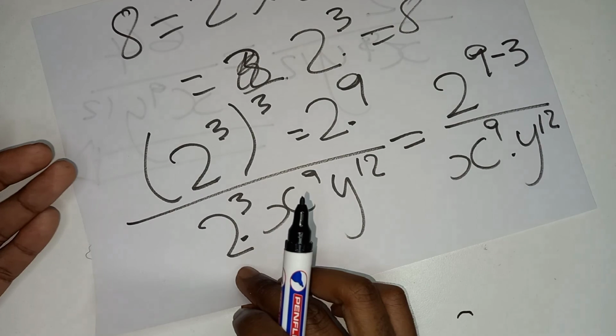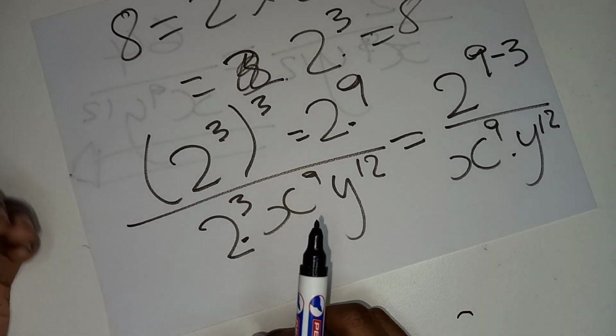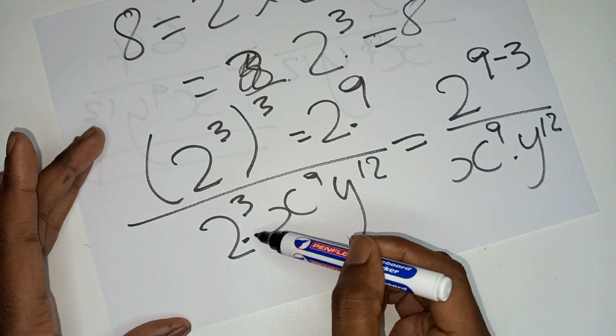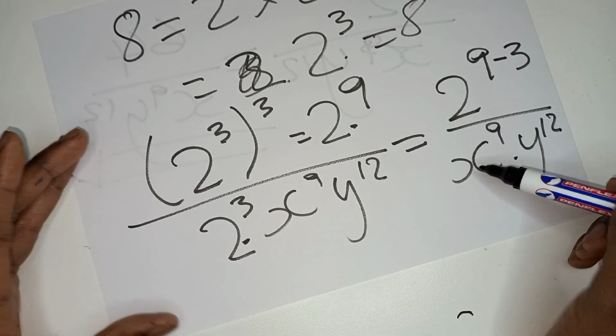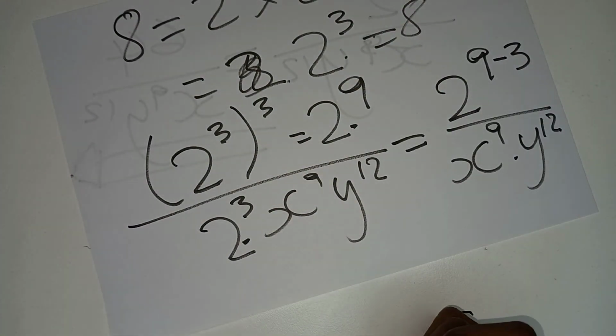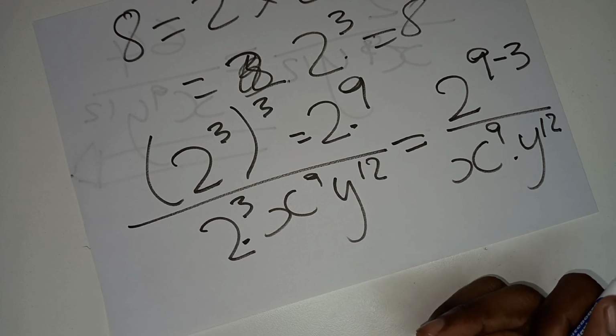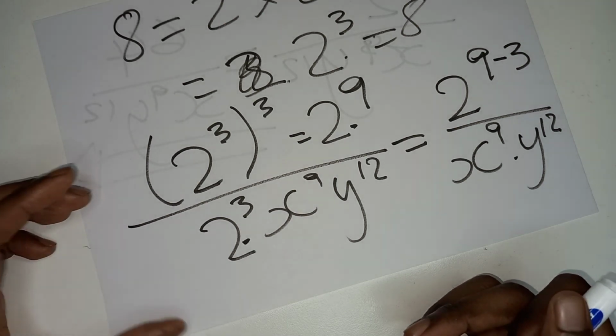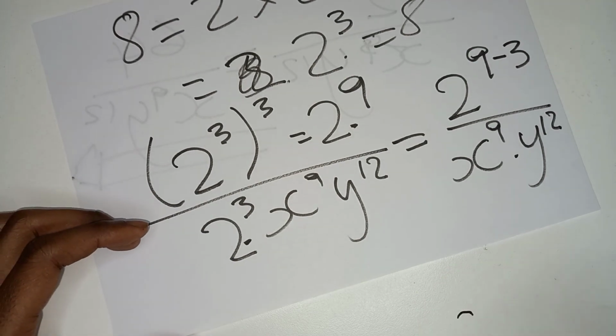So if they say you shouldn't use a calculator in the rules, then you would follow this procedure that I've followed here. But if they don't stipulate whether or not you use a calculator, then you can simply use a calculator to simplify and get to the answer a little quicker.